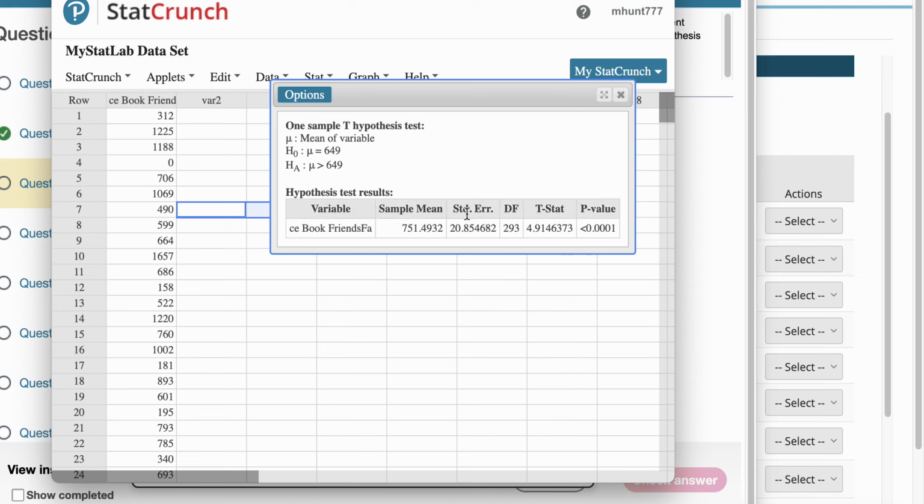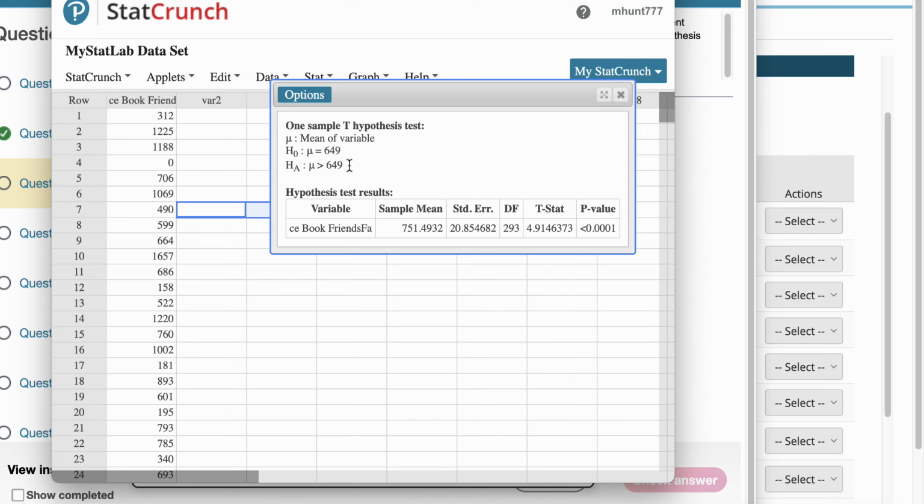It means we are going to reject the null hypothesis. You always go along with the null hypothesis and say, okay, I'll take your word for it. It's 649. And then if you find significant evidence against that, and this is significant evidence, you reject the null hypothesis and go with your alternative.